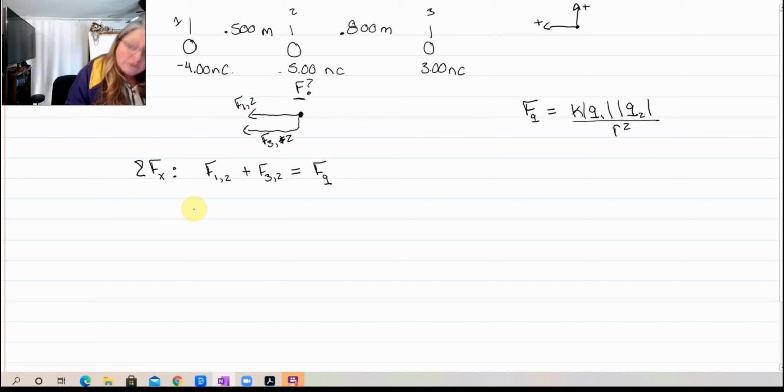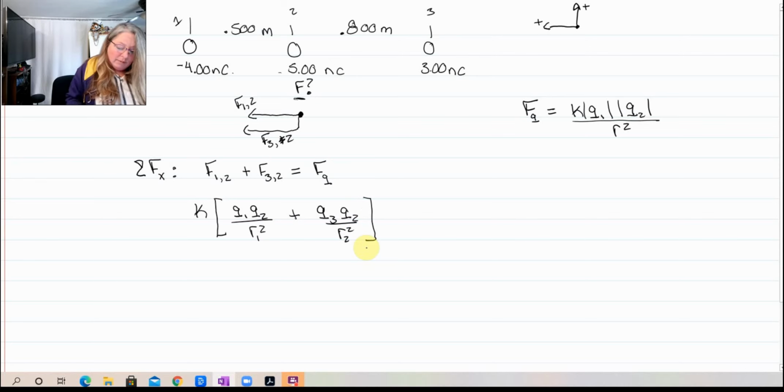I know that both of them are going to have K, so I'm going to factor that out. So I'll have K, Q1 Q2 over R1 squared plus Q3 times Q2 over R2 squared.